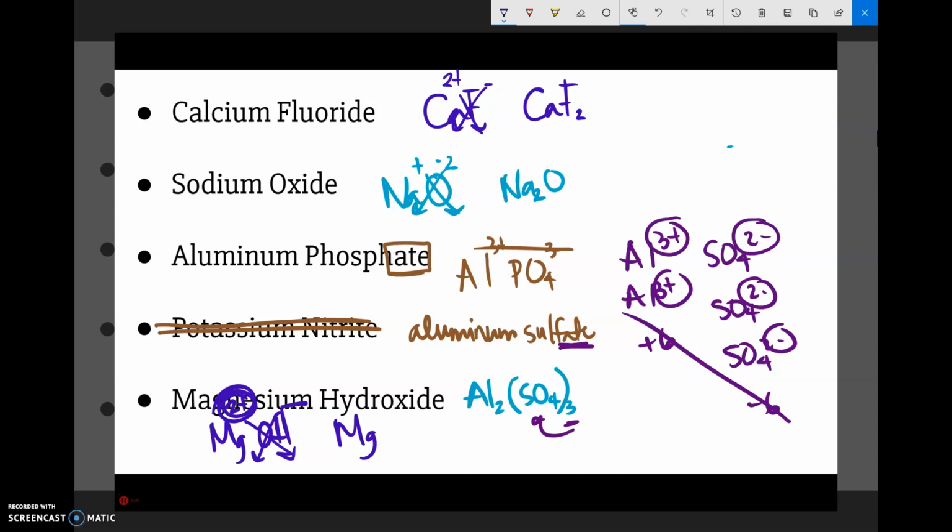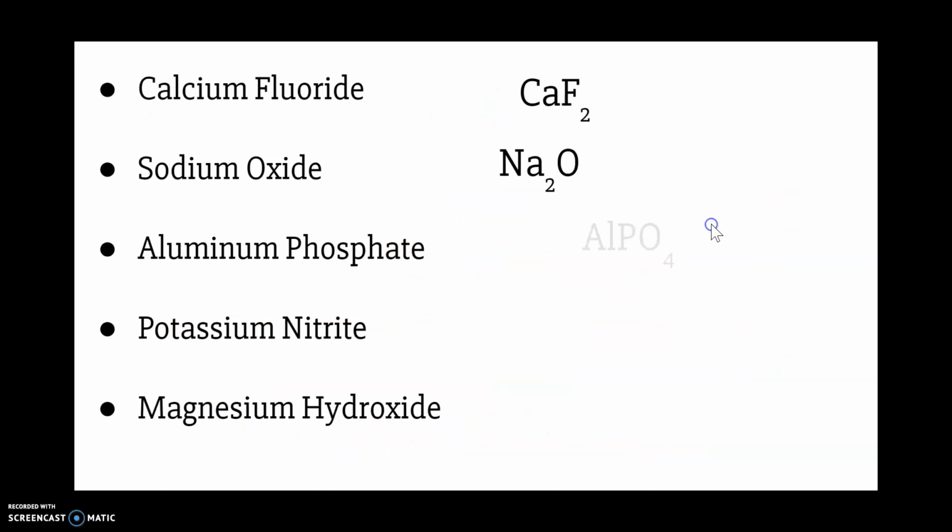So we have a 2, and then we're dropping it down to hydroxide, and it has 2 atoms, so we have to put parentheses with the 2 on the outside. This is not the same as MgOH2, because that just shows we have 2 on the hydrogen when we should have 2 oxygens as well. Okay, so there's your answer there. All right, there's our lovely answers.